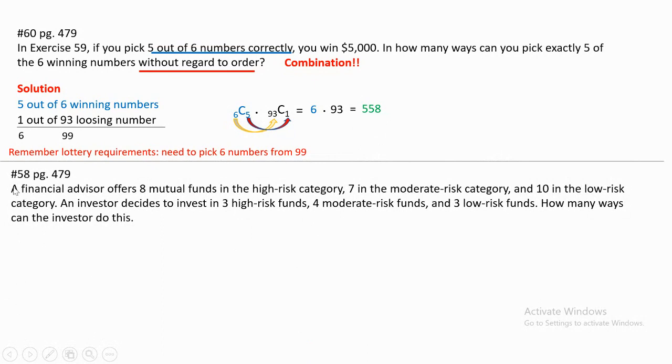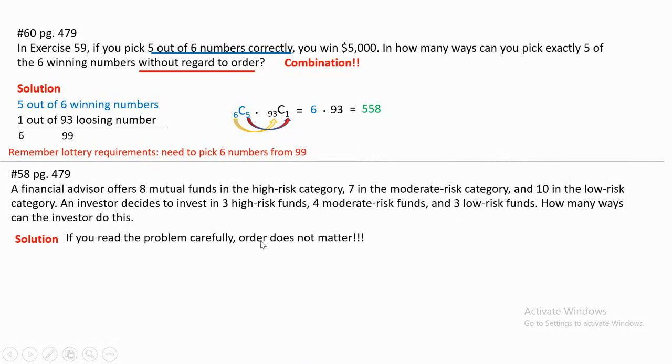Okay, now this is the last one here. A financial advisor offers 6 mutual funds in high risk category, 7 in the moderate risk category, and 10 in the low risk category. An investor decides to invest in 3 high risk funds, 4 moderate risk funds, 3 low risk funds. How many ways can the investor do this? Okay, so the solution.